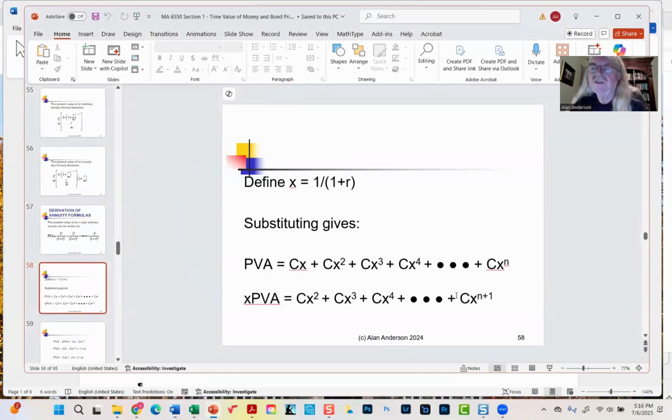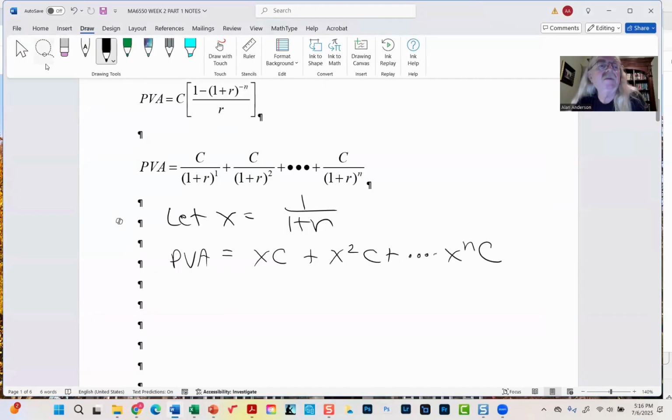I wrote them with the C first. It doesn't really matter, obviously. Let's just change it to be consistent with the slides.